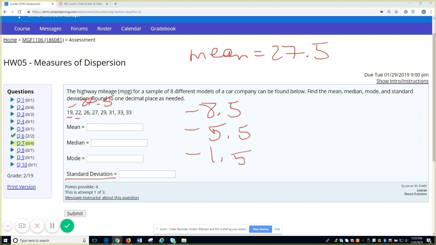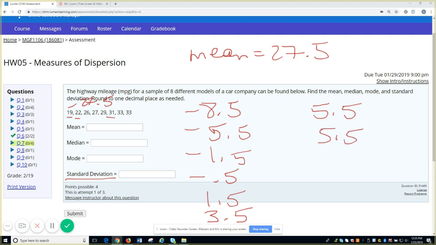Then 27 minus 27.5 is negative 0.5. Then 29 minus 27.5 is positive 1.5. Then 31 minus 27.5 is 3.5. And then 33 minus 27.5 is 5.5, and I have two of those, so there are two deviations that are 5.5.